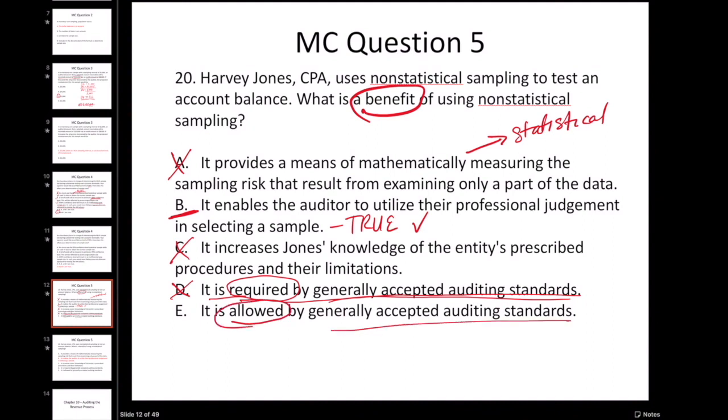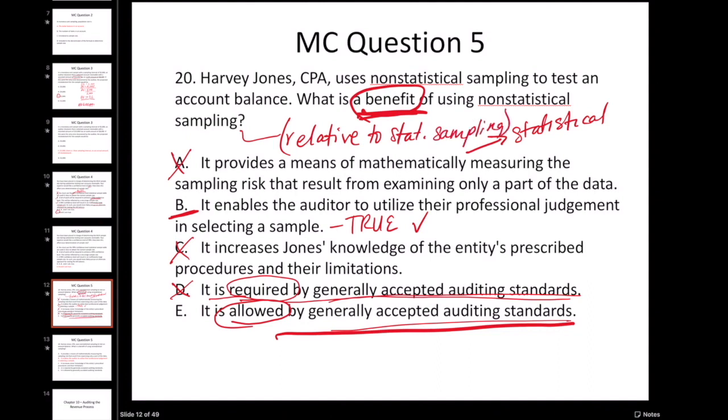E is a great distractor answer because E is a true statement, but I wouldn't call it a benefit of non-statistical sampling, right? Because statistical sampling has the exact same quote-unquote benefit. I would call it a true statement about non-statistical sampling, but I would not call it a benefit of non-statistical sampling relative to statistical sampling, right? Because that's really what's unsaid in this question: what is a benefit of non-statistical sampling relative to statistical sampling?